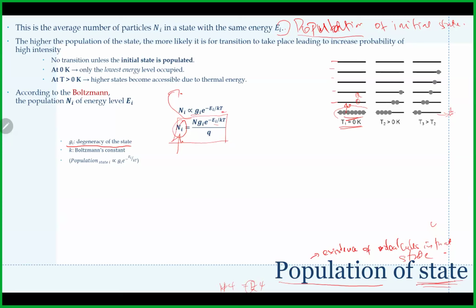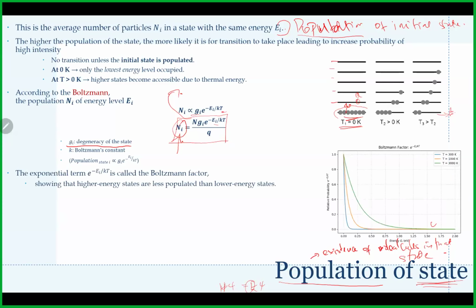So the key thing that I wanted to show here is that the number depends on the energy of the state. It depends exponentially on the energy. So the higher the energy of the state, the lower it will be populated. However, if you have enough thermal energy, you can move to higher states.